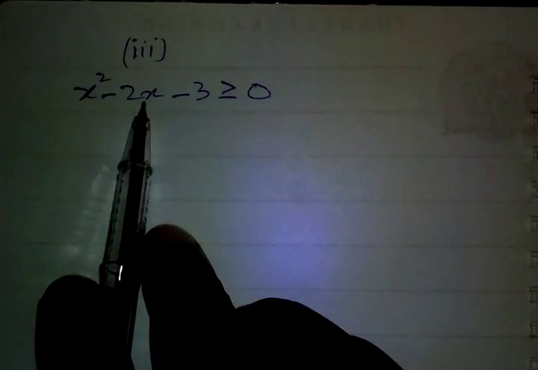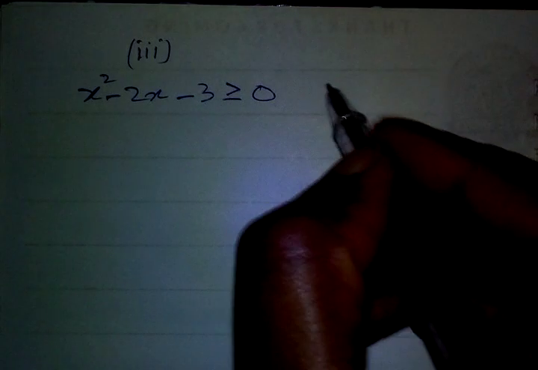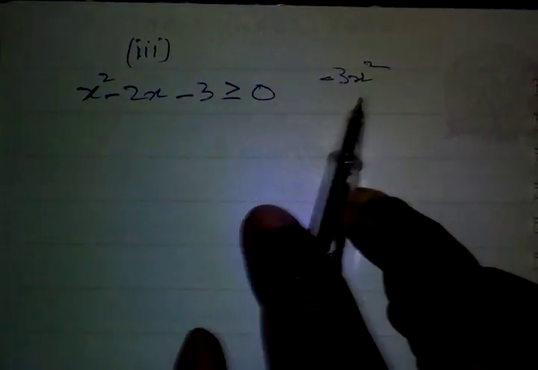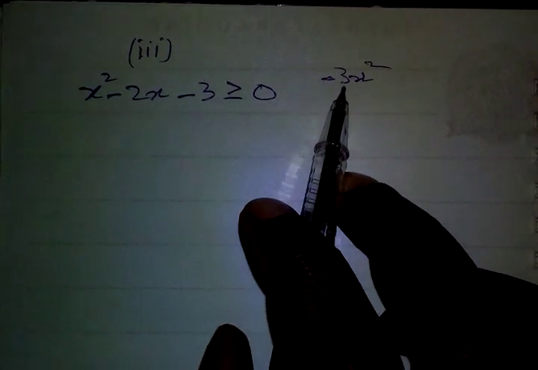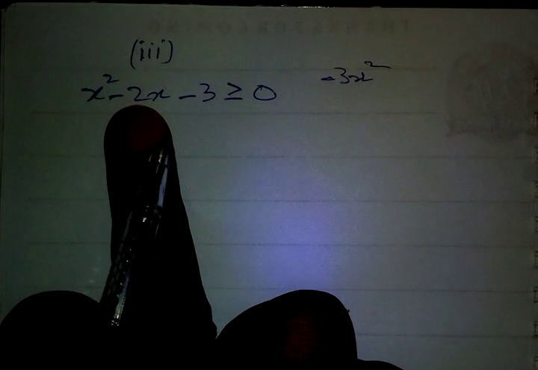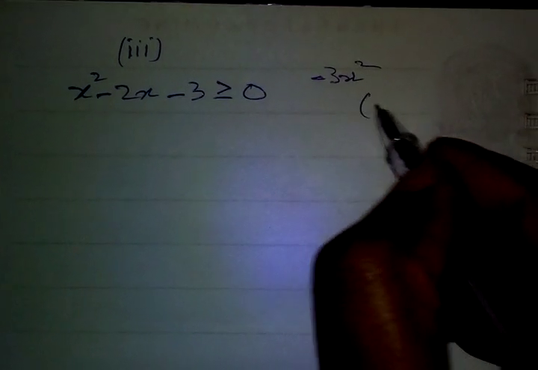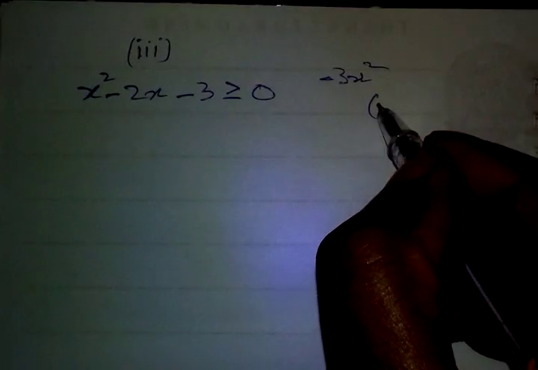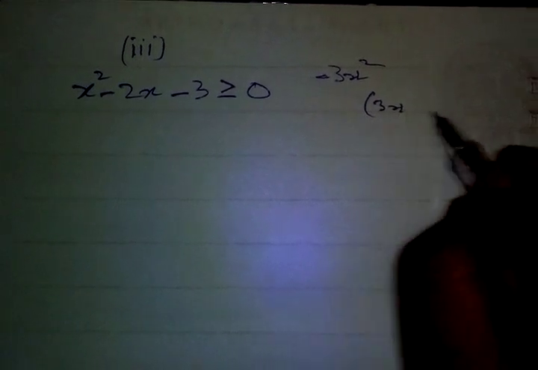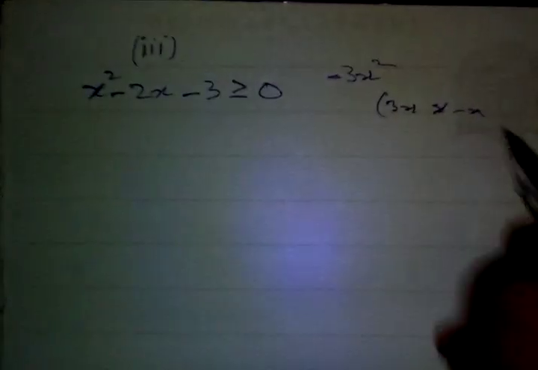So number 3, we have x squared minus 2x minus 3 is greater or equal to 0. So again, the first term multiplied by the last term is giving me negative 3x squared, and two factors of negative 3x squared that when I add together I will get the middle term could be, let's say, 3x and negative x.